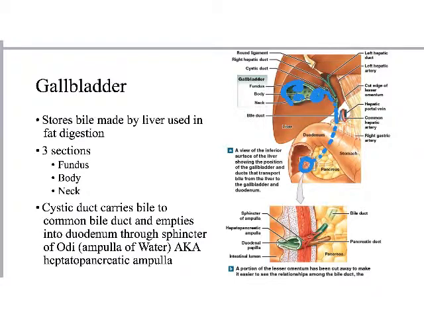So from the neck down to the duodenum is a duct that carries the bile, and we call that the common bile duct. So there's kind of 2 ducts here to remember. The one that carries bile from the gallbladder to the small intestine, to the duodenum, that's the common bile duct. The one that carries bile from the liver to the gallbladder, that's called the cystic duct.